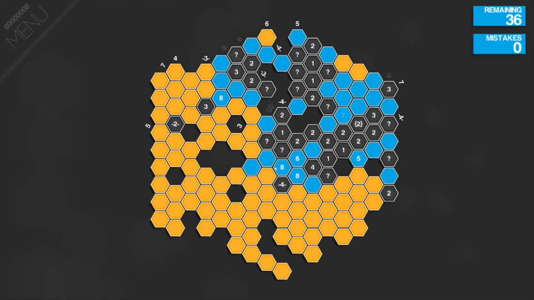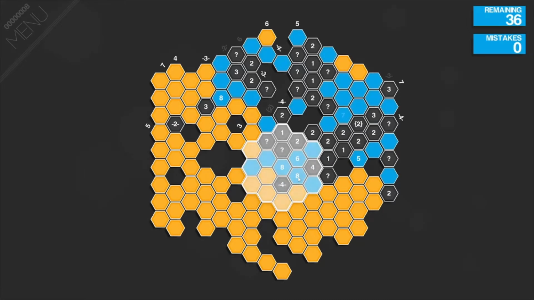Let's take a look here at this 8. So we have 1, 2, 3, 4, 5, 6 bombs already marked in this 8 flower. And because of this 4, since there are only 2 bombs marked that are touching it currently, we know the remaining 2 bombs for this 8 flower have to be surrounding this 4 with the dashes.